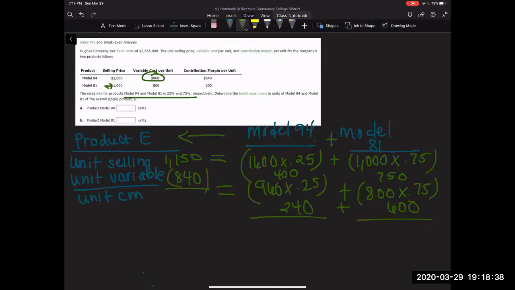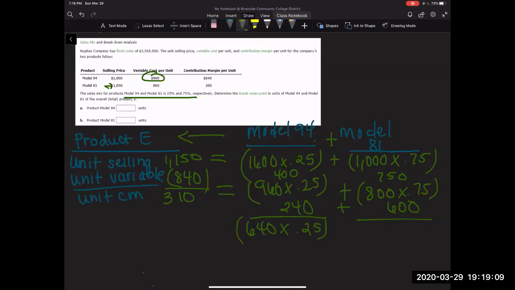Now, what you could do from here is simply do the math, or you can come up with the contribution margin per unit. I'll go through the math so you can understand it. If I did the quick math, my unit contribution margin should be 310. So let's test this out. The unit contribution margin for model number 94 comes out to $640, and I multiply that times the 25%.